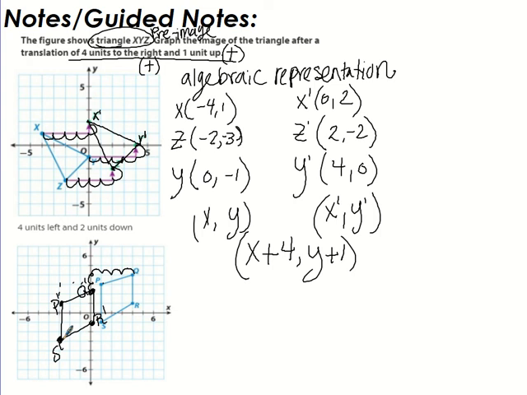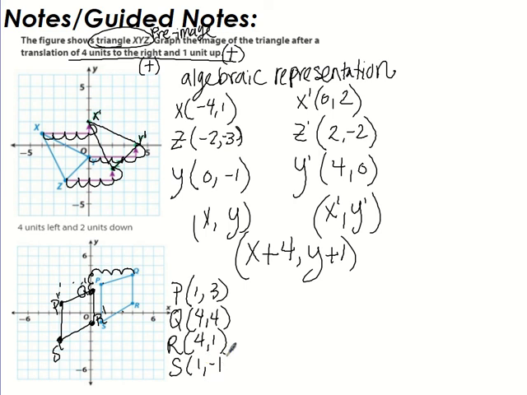Alrighty. So P is at 1, 3. Q is at 1, 2, 3, 4, 1, 2, 3, 4. R is at 1, 2, 3, 4, 1. And S was at 1, -1.